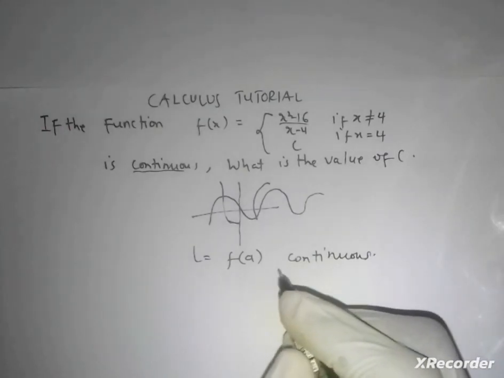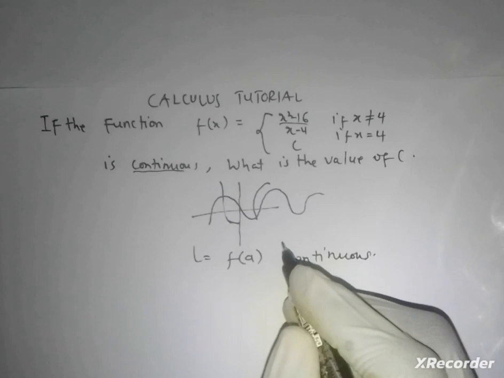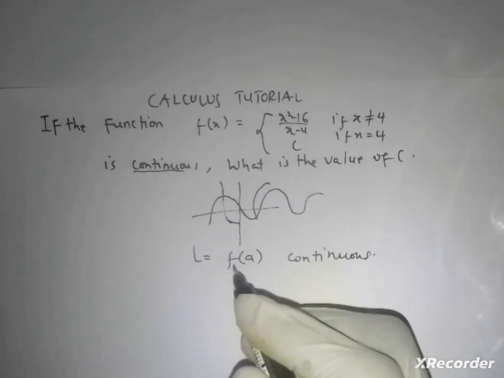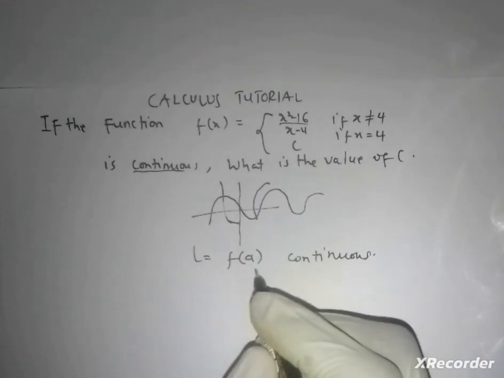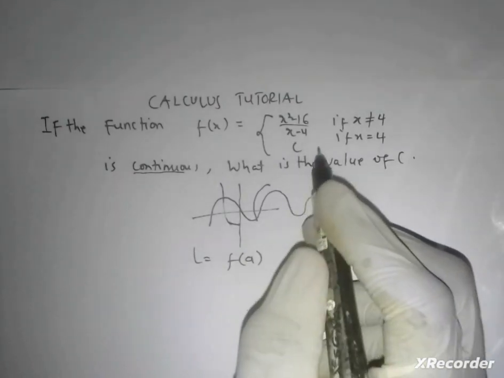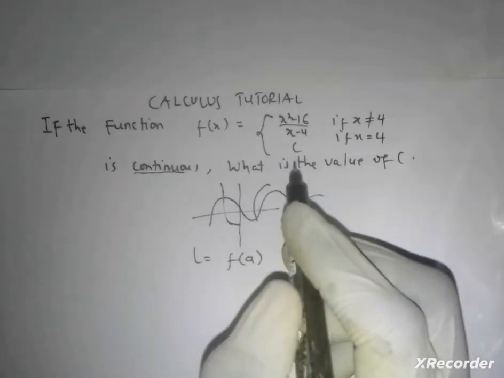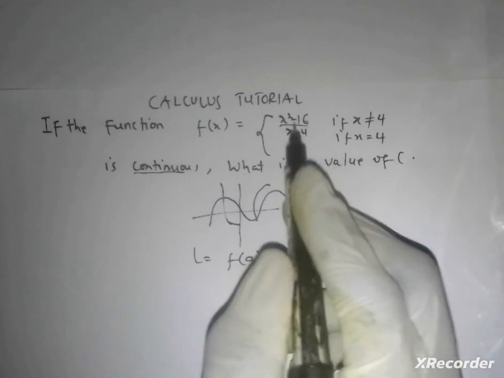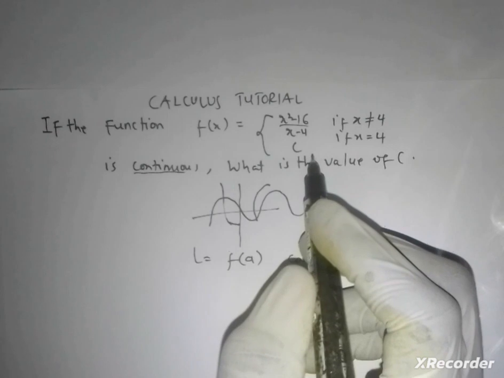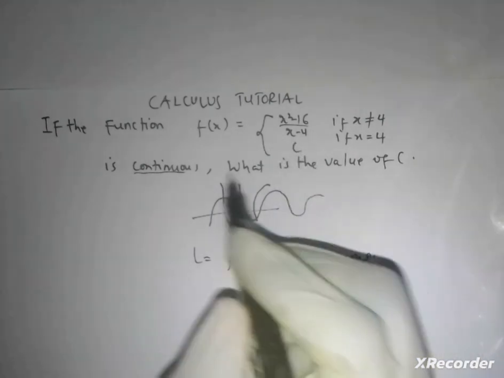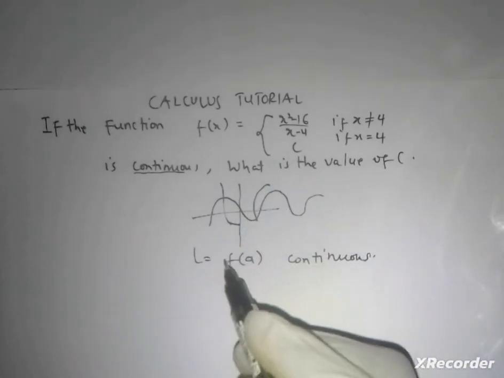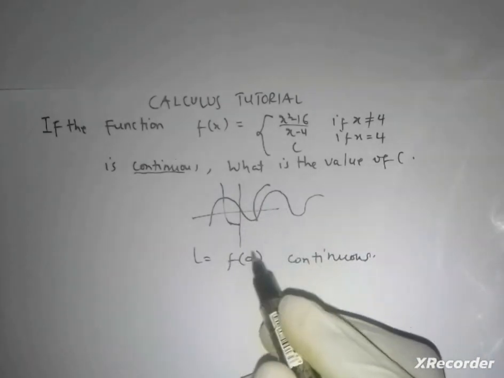So the key idea of this question is that if your function is continuous, then it means your limit point is equal to your functional value. Now let's see. What I'm going to do here to solve this problem is find the limit as x approaches 4, then find the functional value at 4. They should be equal. Since here is c and they've told us that it's continuous, it means they are indeed equal. So if I find one, I can use that to equate to the other.